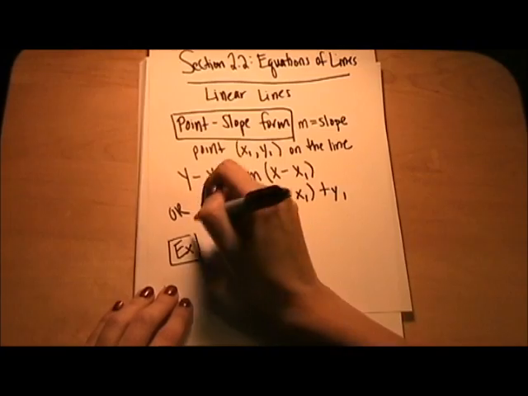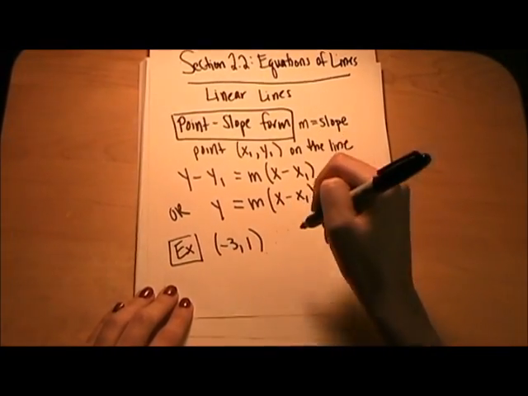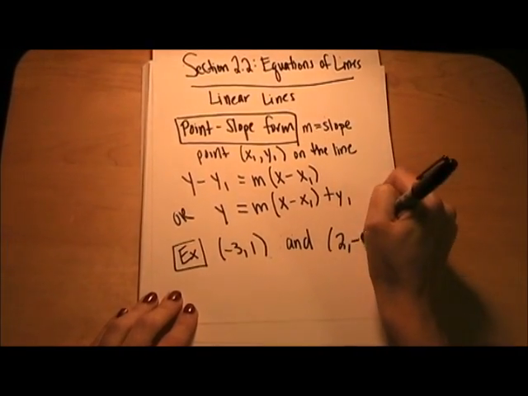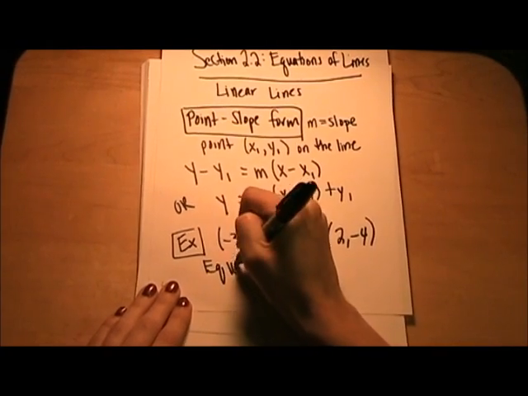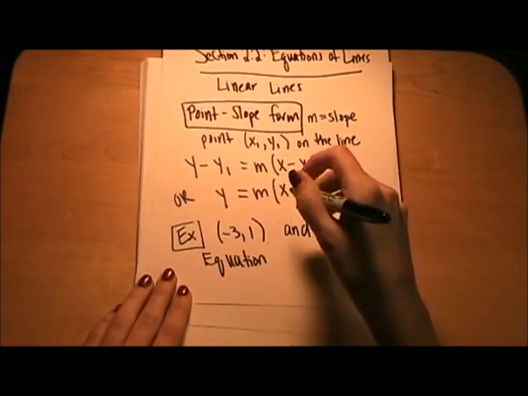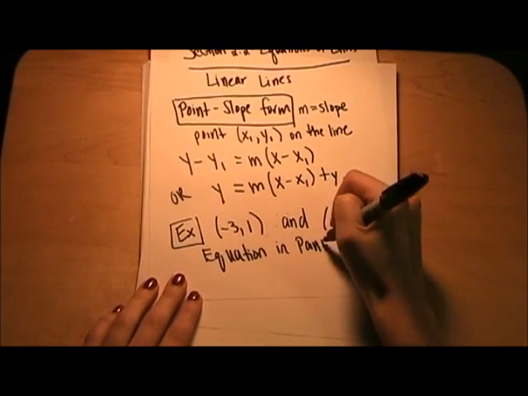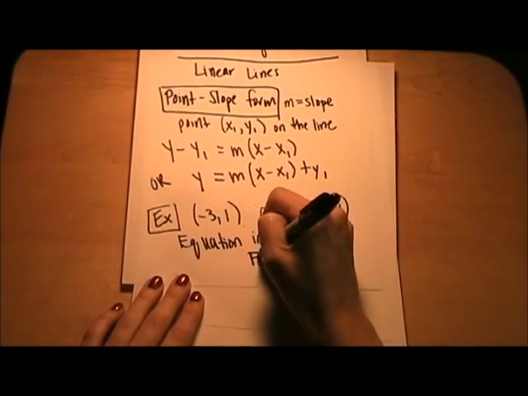So for example, if I give you the points -3, 1 and 2, -4, and I want to know the equation in point slope form.